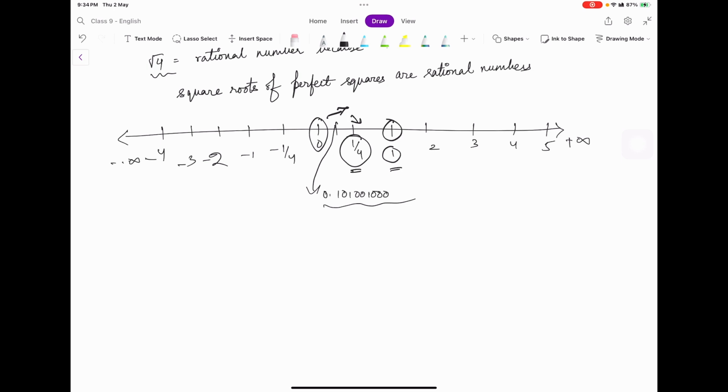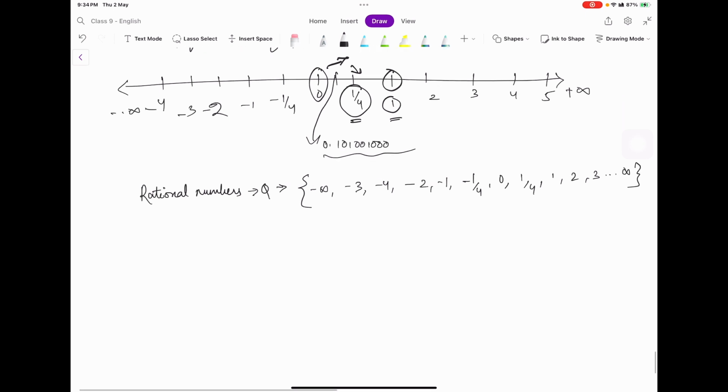We know the rational number set, which is denoted by Q. It contains all the integers and fractions, which we have already seen yesterday. If we add irrational numbers to the set of rational numbers, we get what we call real numbers.